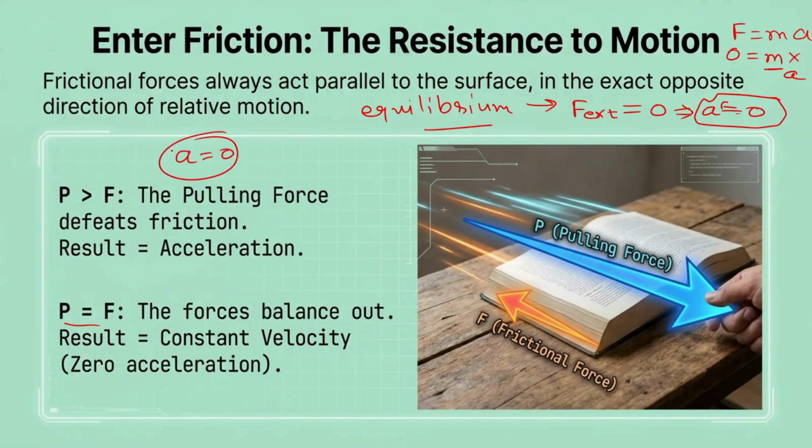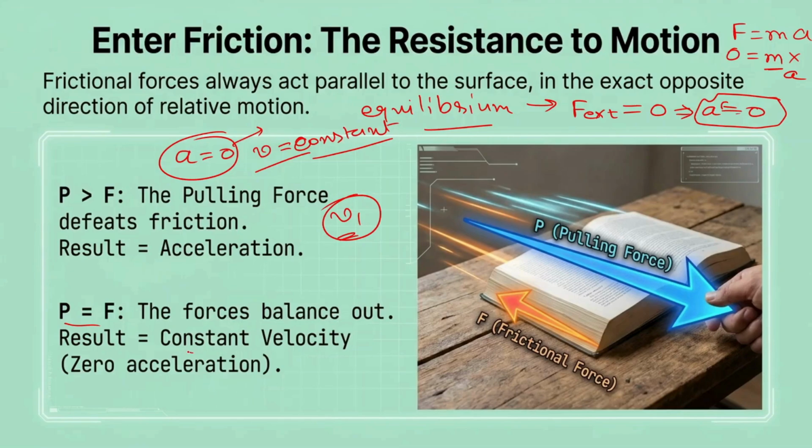But some students say a is zero, that means the book is at rest. No, this is not like that. If a is zero, that doesn't mean that v is zero. The velocity should be constant. Say the book has some initial velocity, let's suppose v1, so it remains at the same velocity after taking the force.